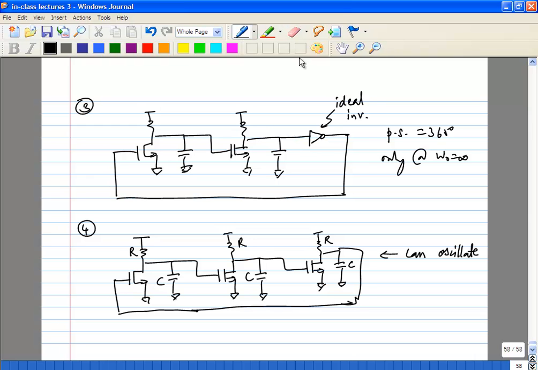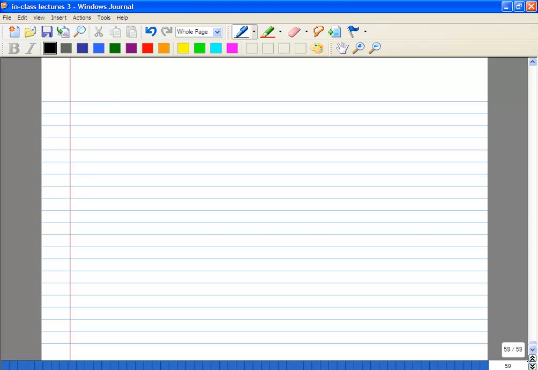Okay, so let's try to find out what the frequency of oscillation is first. First of all, at DC you have 180 degree phase shift around the loop. Let's say for each stage your output by input is minus A naught, which is the gain, GMR in this case.